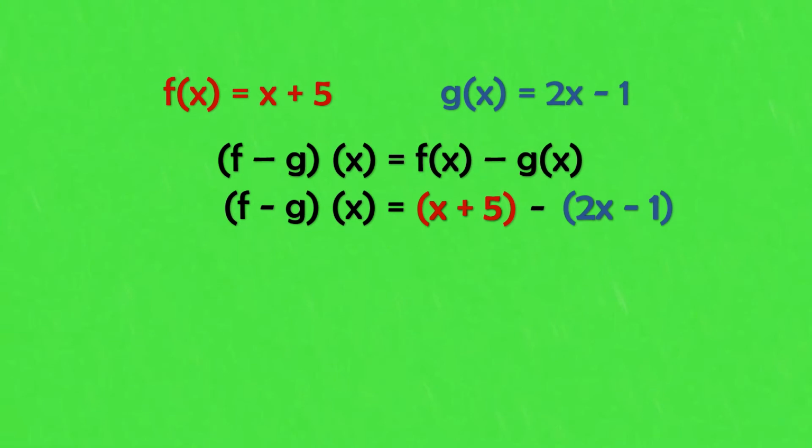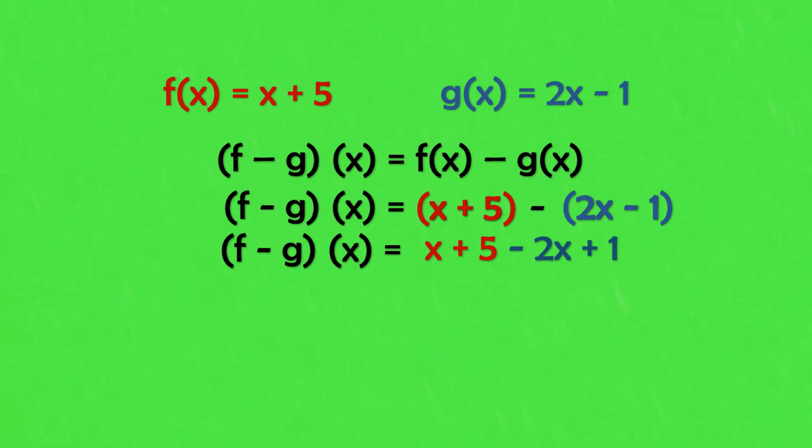We follow the rule in subtracting integers to change the sign of the subtrahend and proceed to addition, or basically distribute the negative sign to the subtrahend. So we have f minus g of x equals x plus 5 minus 2x plus 1.